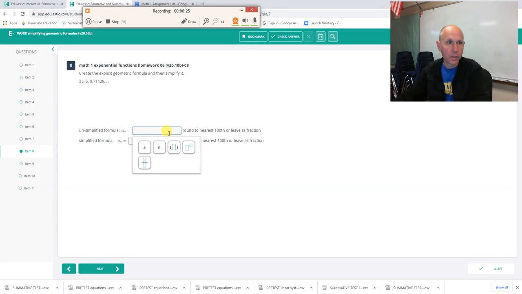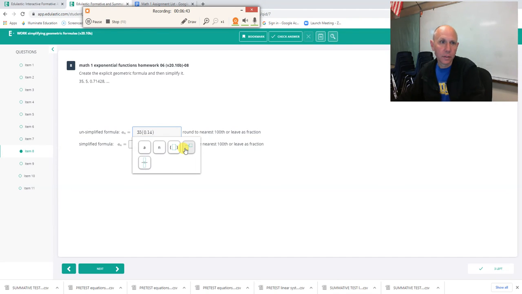Value of the first term is 35. The ratio is 5 divided by 35, which takes me to 0.14 with the rounding, raised to the n minus 1.